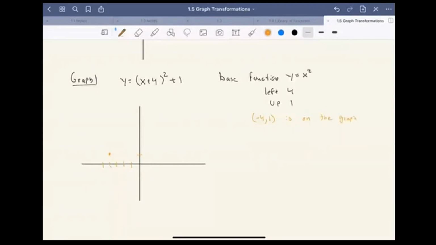But I'm going to actually find 2 more points on the graph. So now what I'm going to do is pick 2 more points that are easy to find. And so what I do is I take values that are 1 to the left and 1 to the right of my vertex. So I'm going to pick x equals -3, x equals -5.